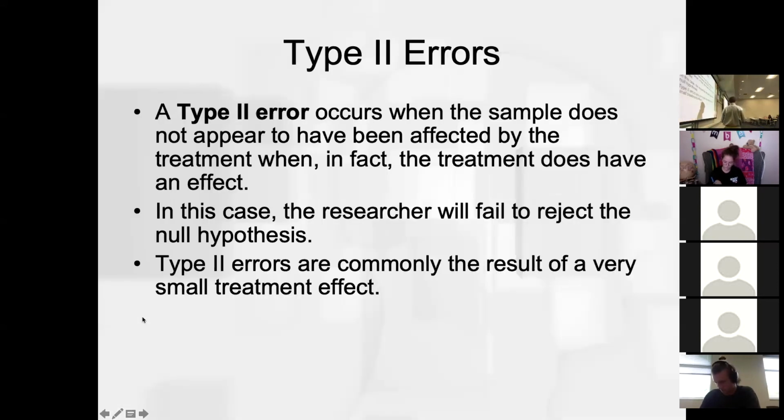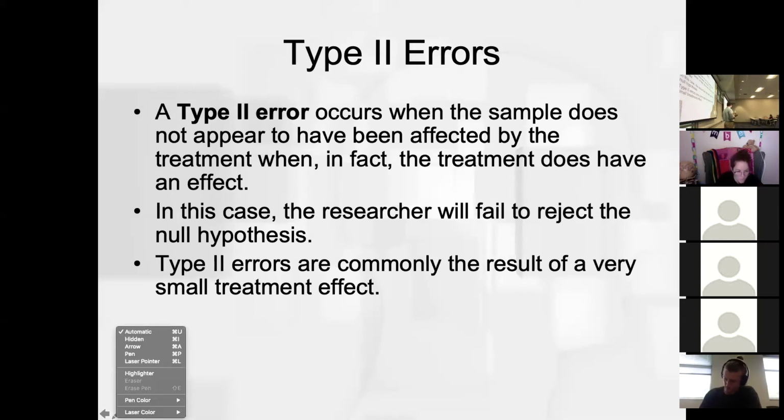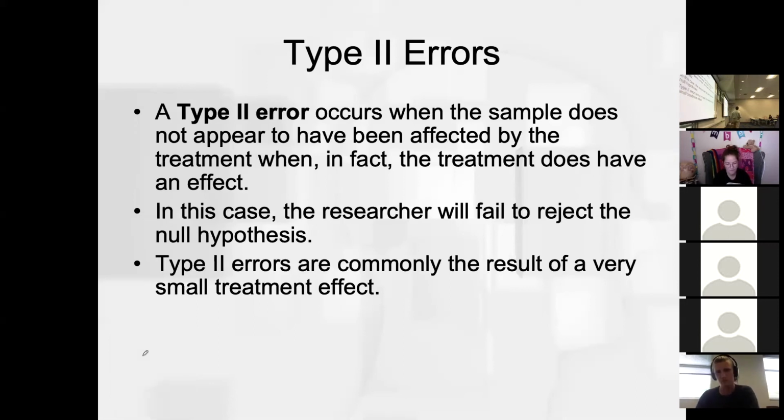A type 2 error occurs when the sample does not appear to have been affected by the treatment, when in fact the treatment does have an effect. So in this case, you as the researcher would fail to reject the null, even though there would be an effect.